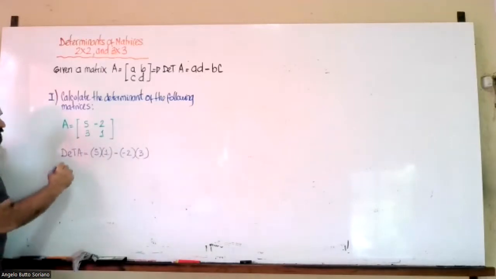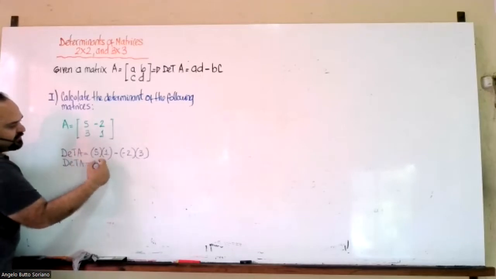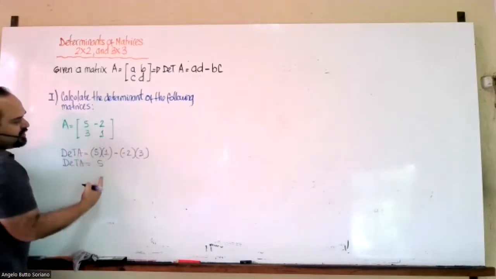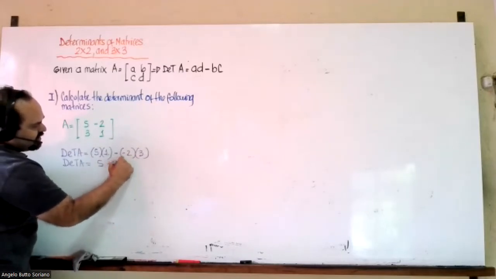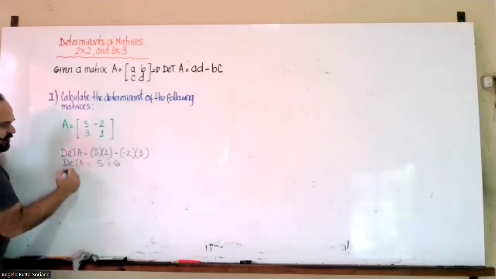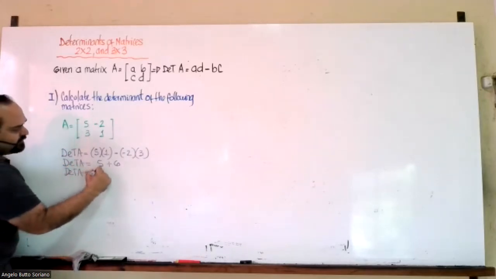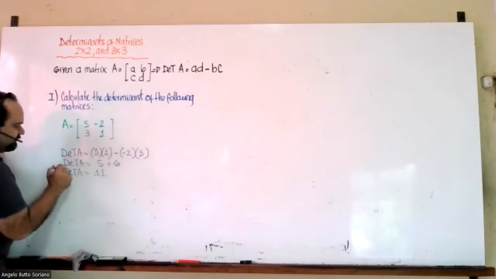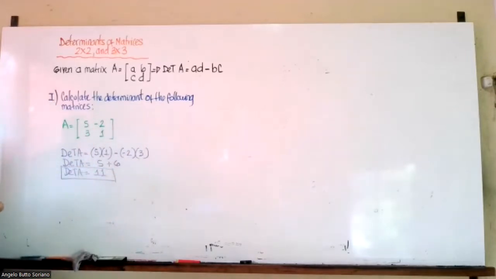So basically, applying the determinant, 5 times 1 will be 5, negative times negative will be positive, 2 times 3 will be 6, and 5 plus 6, the answer will be 11. And this is going to be the solution for the first determinant, matrix A.